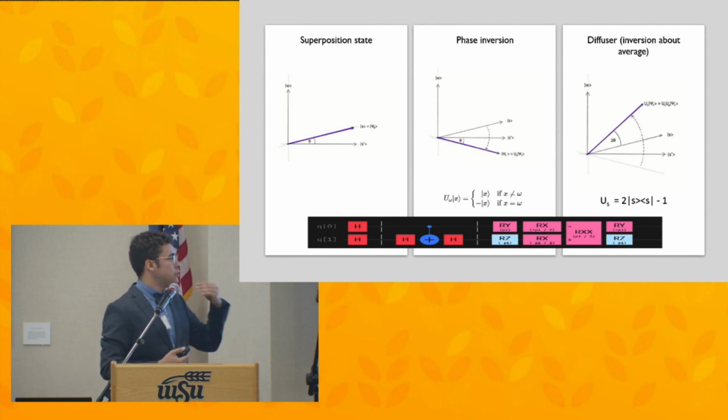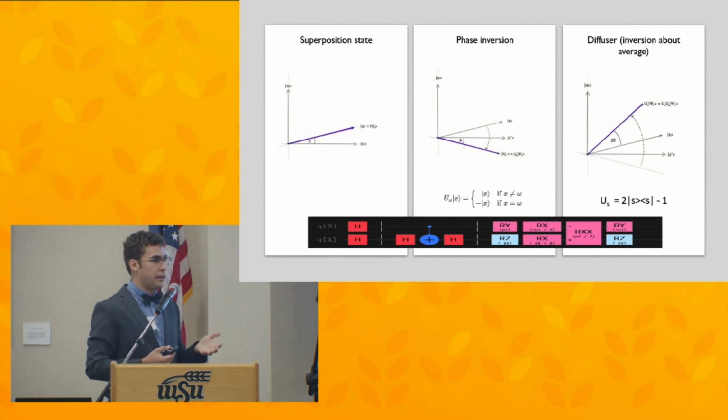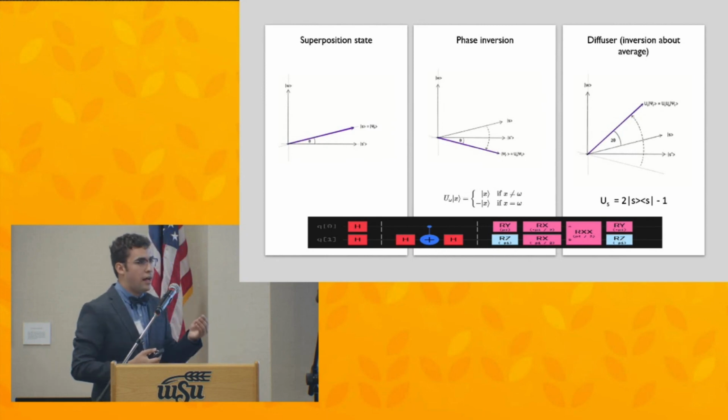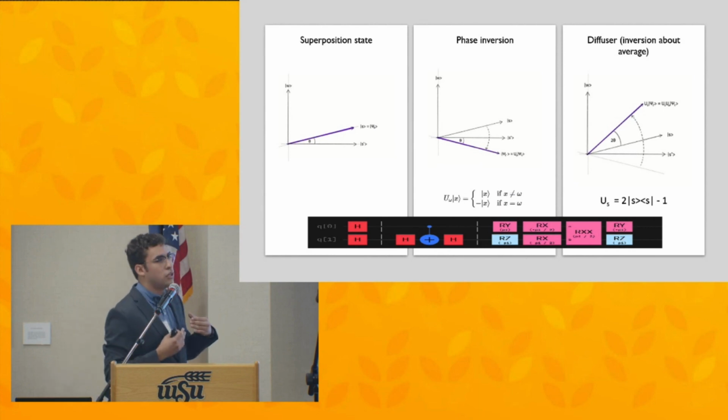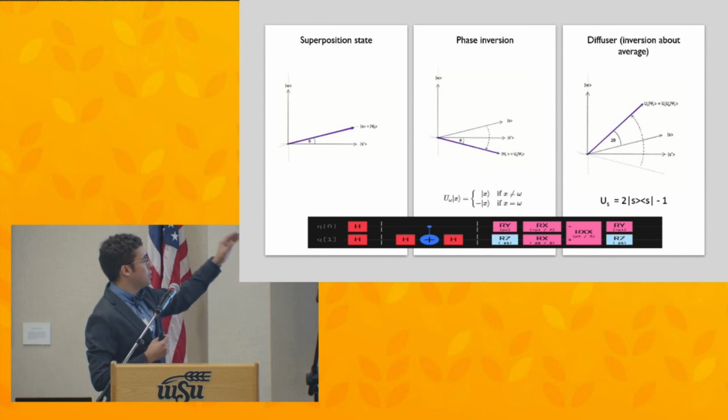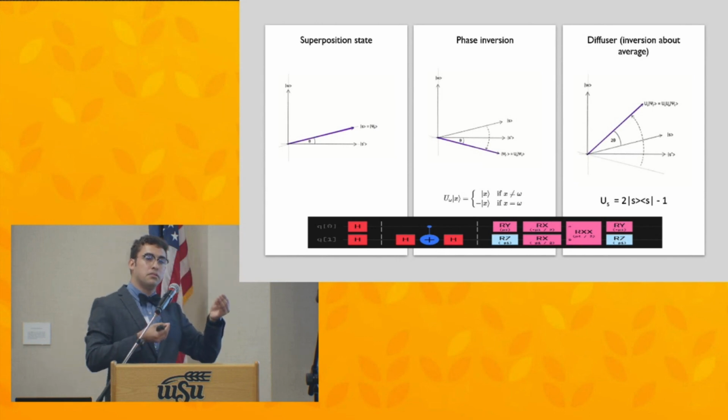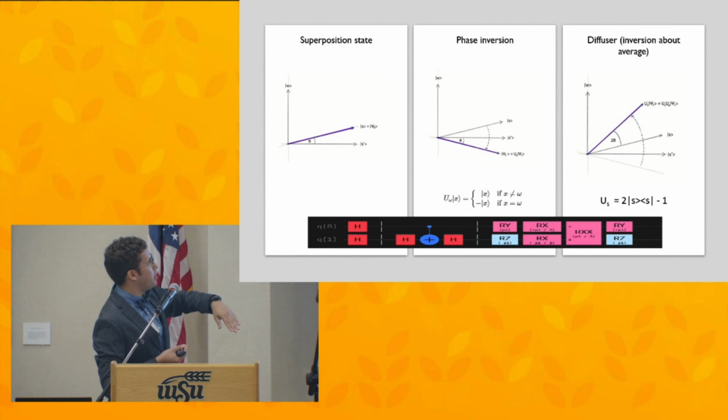What this does is basically give a negative sign to your winner item, the item that you are looking for. What this causes overall is it reduces the overall average of all the items. And as you can tell now, because the winner state has a negative sign attached to it, now we are on the negative vertical axis.